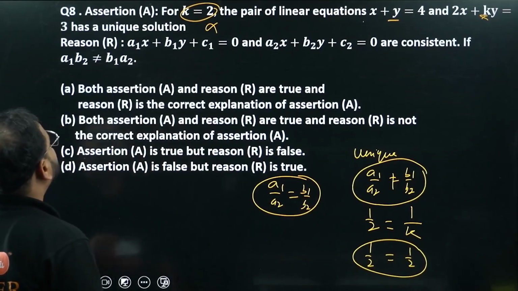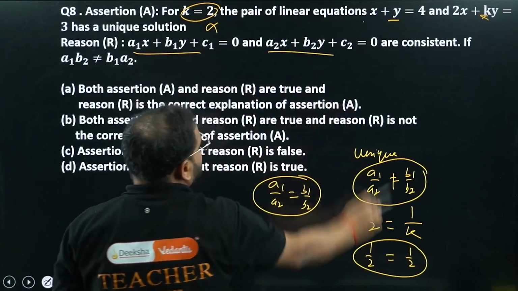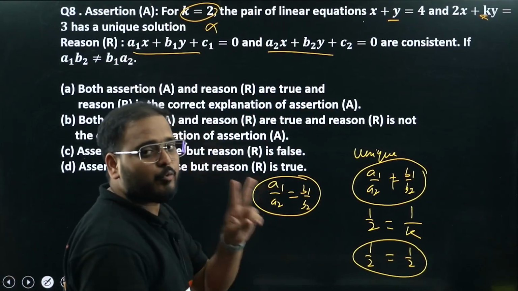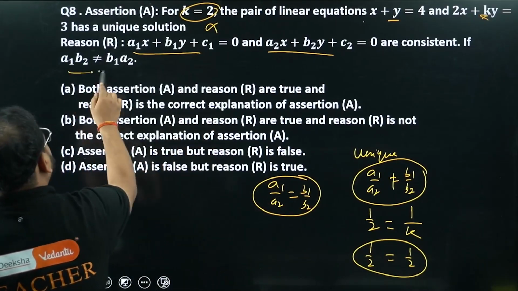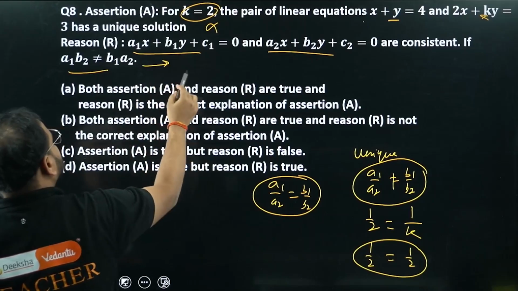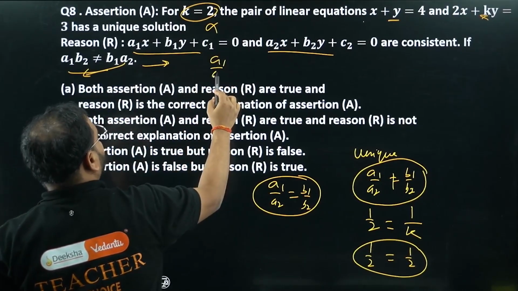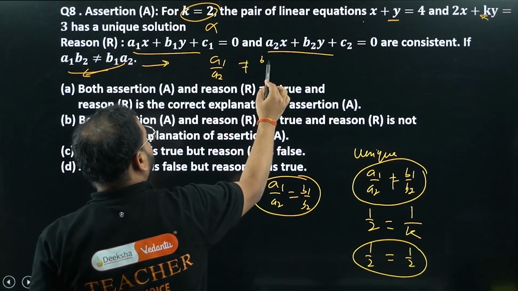Second one, the reason: they have given the pair of linear equations, a set of equations that are consistent. Means it can have two answers, infinite or unique. Please check. I can rewrite this as a1, bring a2 on this side, so a1 by a2, and bring b2 over this side, not equal to b1 by b2.